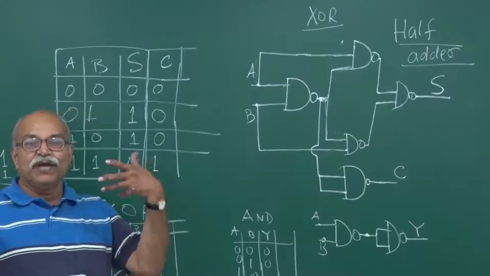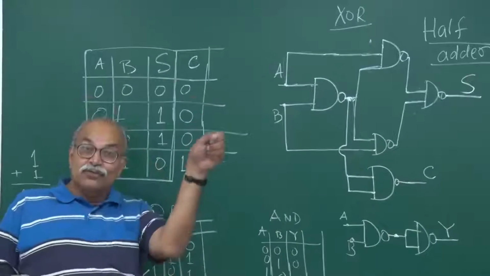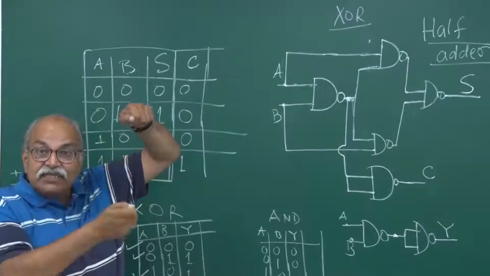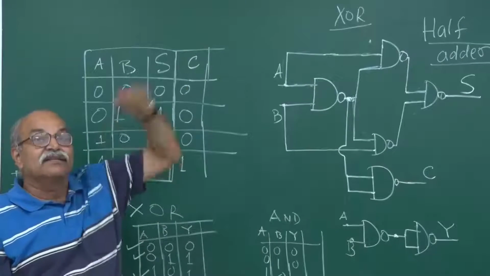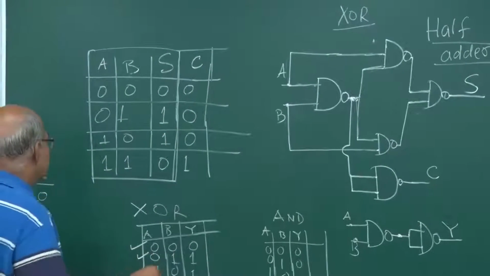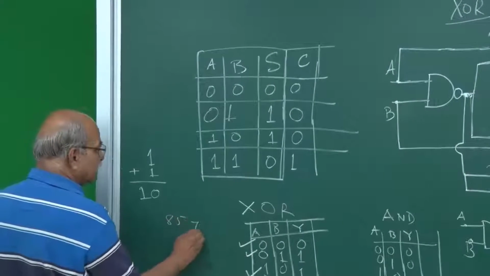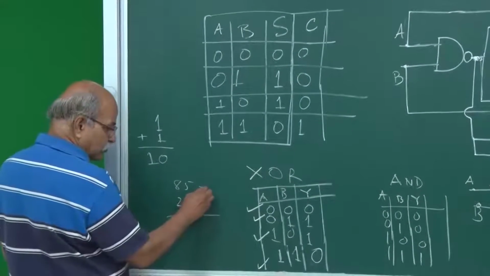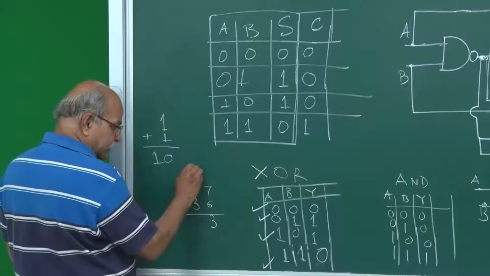Why is it a half adder circuit? Because when you actually add two numbers and the carry goes to the digit on the left, you have three numbers to add and then get another sum and another carry, right. So, in decimal also if you have something like this, then you put 7 plus 6 is 13. So, this is the sum and this is the carry.